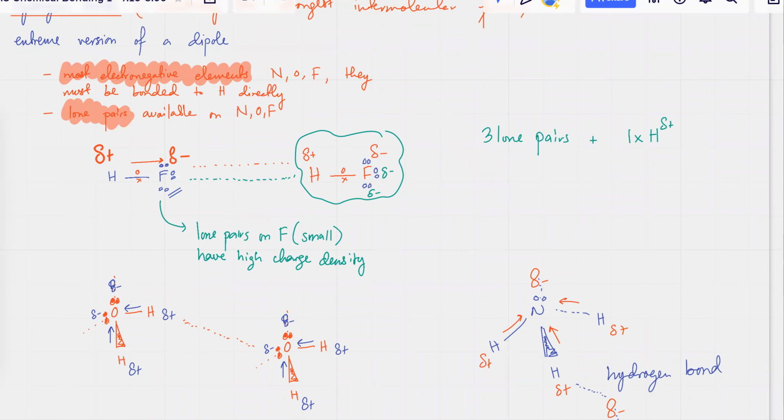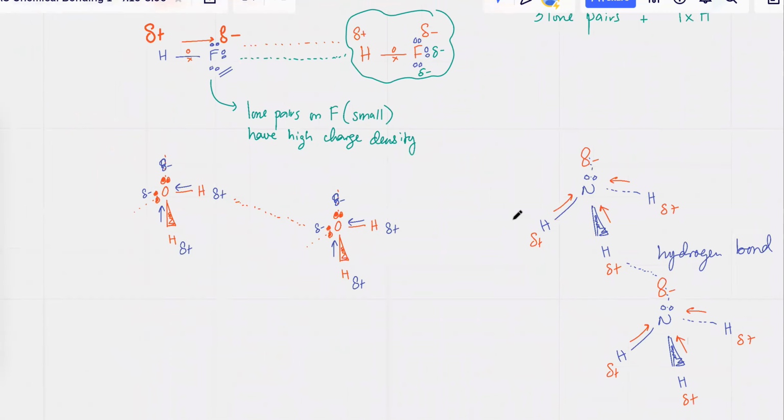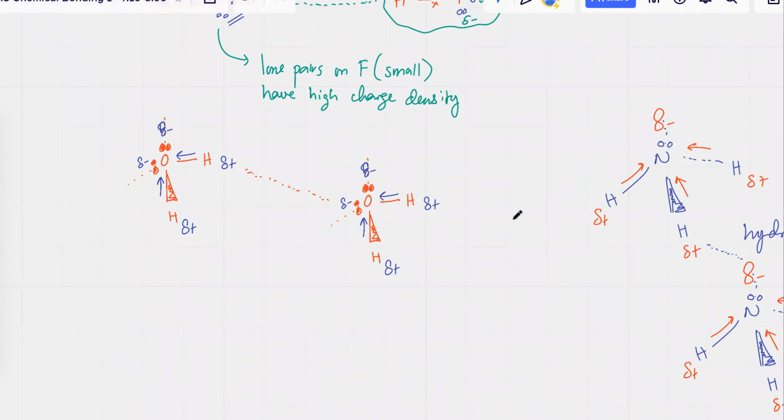Yes or no? Okay. Water is the one that's going to be efficiently forming hydrogen bonds because every water molecule has 2 lone pairs and it's got 2 hydrogens that are positive as well. So that means there's nothing getting wasted.